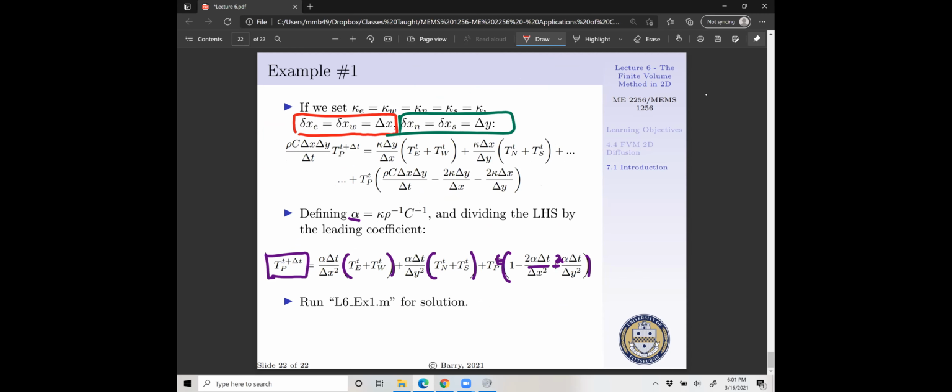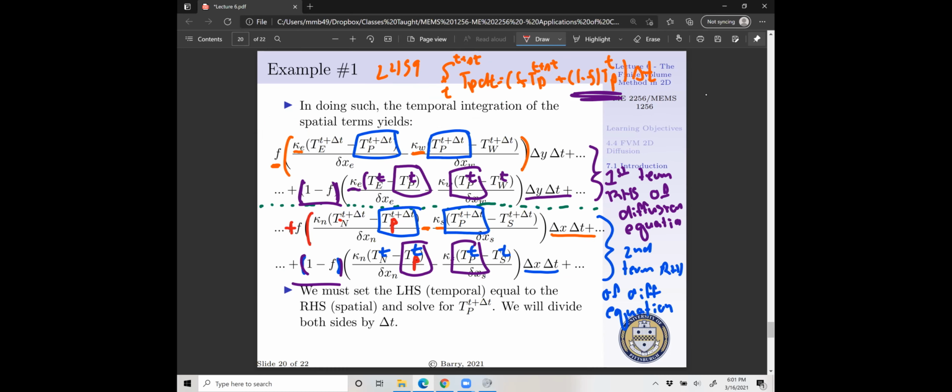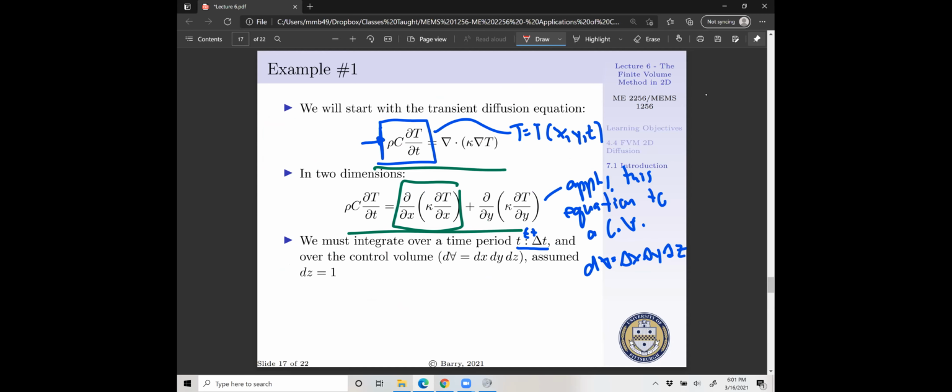Now, you say, but what about source terms? Well, we just kind of tack those on. If you have a volumetric source term, we just tack that guy on. We just throw S onto there.